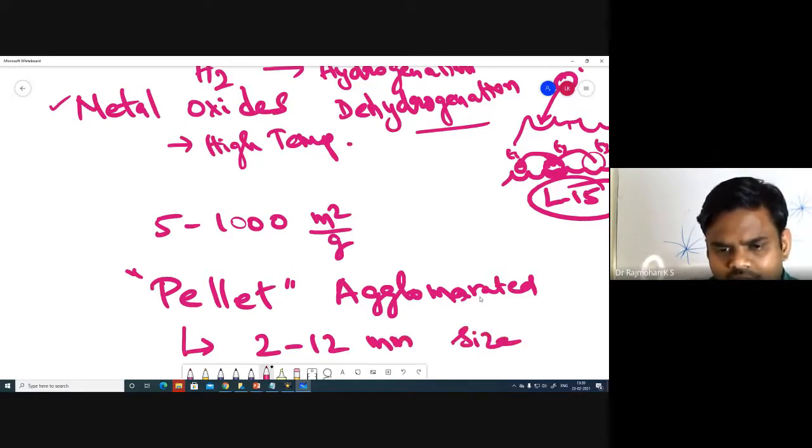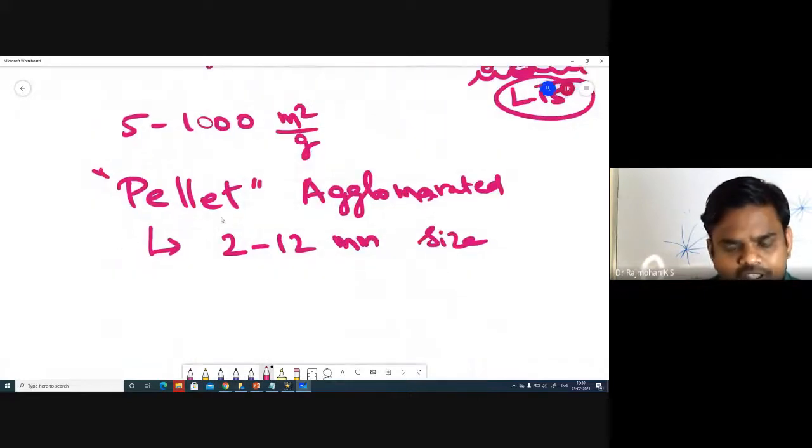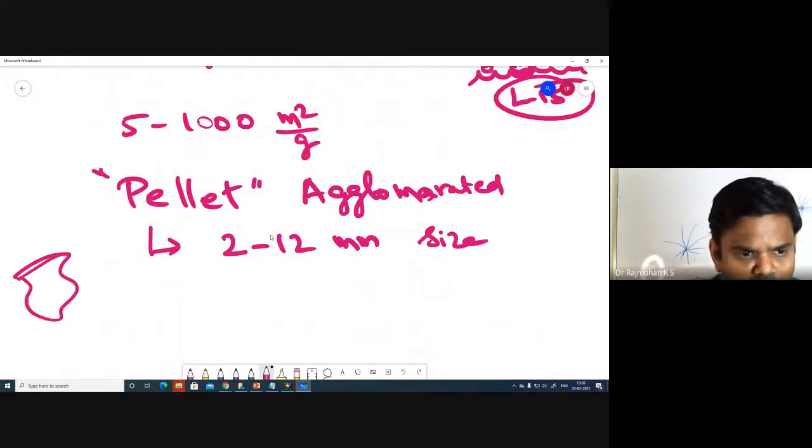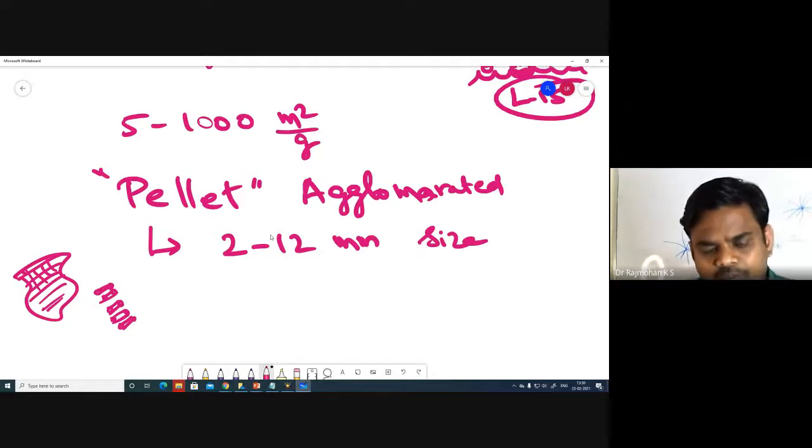We can chop them into particles of the desired size and shape, for example small cylinder shapes. Such pellets are formed.